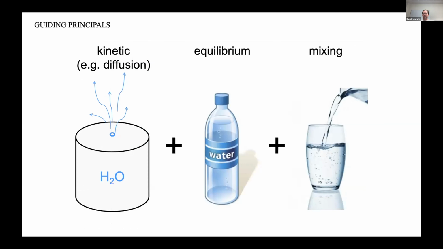Mixing, this is an example where we have mixing on the molecular scale, but of course we can have mixing on other scales as well.